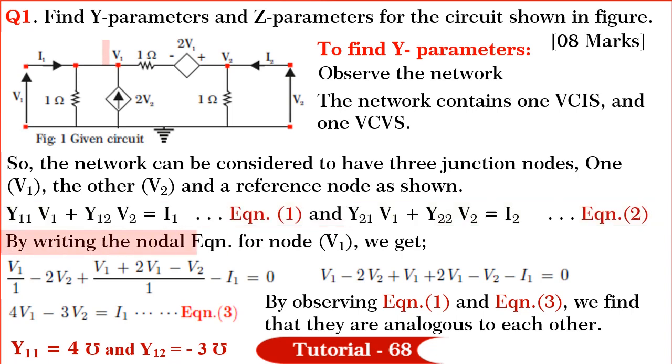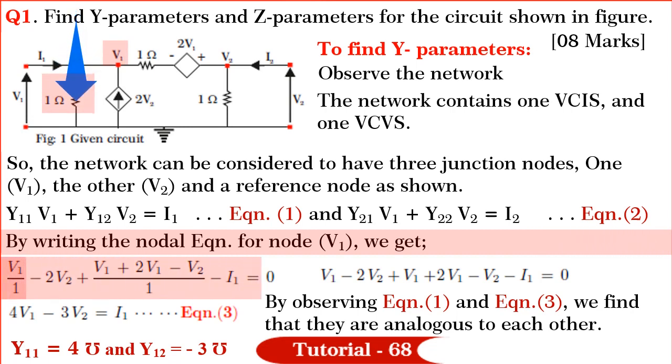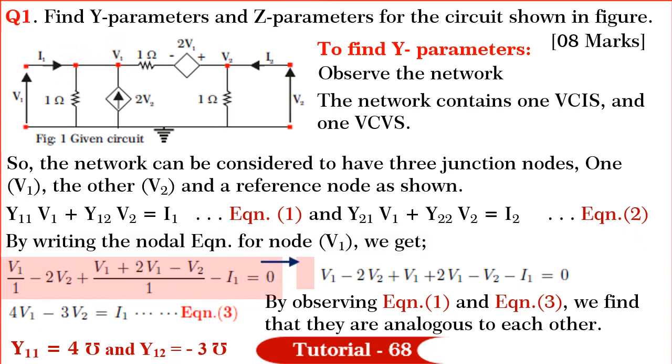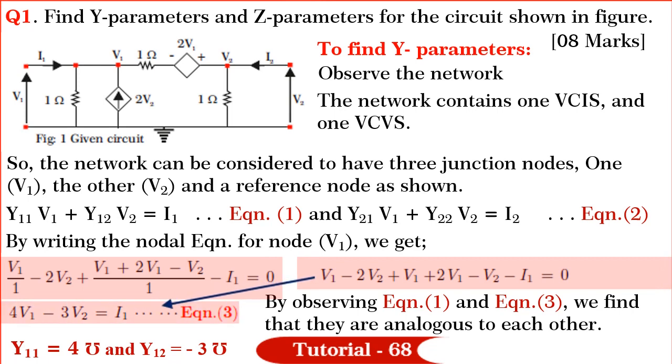Hence, by writing the nodal equation for node V1, we get V1 by 1 minus 2V2 plus V1 plus 2V1 minus V2 divided by 1 minus I1 is equal to 0. By solving and rearranging, we get 4V1 minus 3V2 is equal to I1.